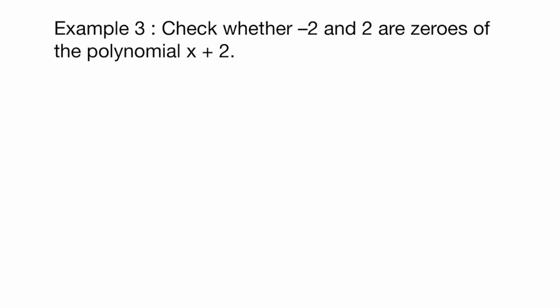A couple of questions might arise to you. What do they mean by zeros of the polynomial? So what is a zero of a polynomial? A zero of a polynomial is basically a value.